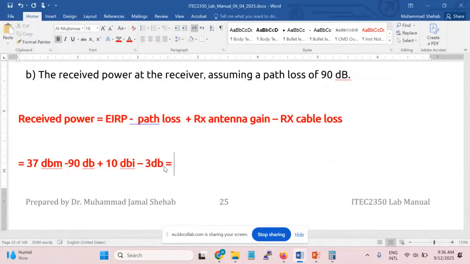How much does it equal in total? 37 plus 10 is 47, minus 3 is 44, minus 90 dB equals minus 46 dBm.